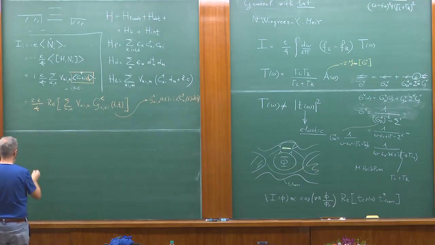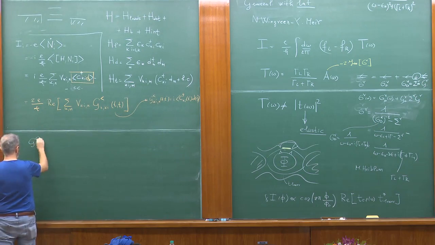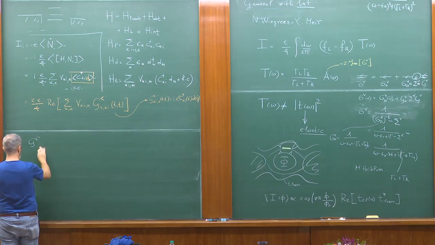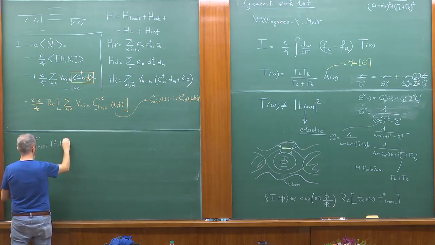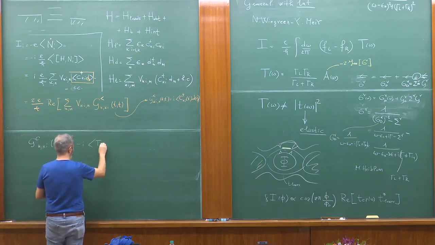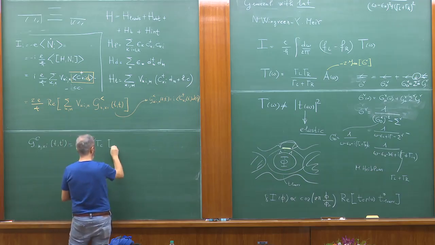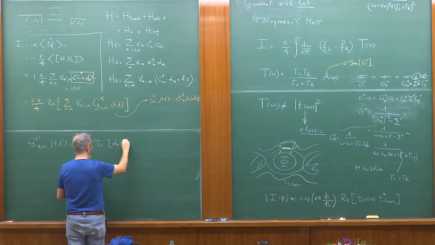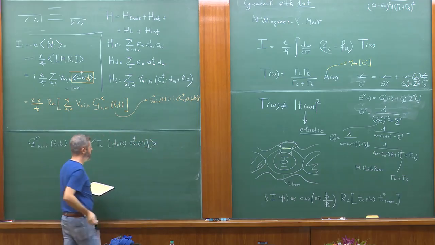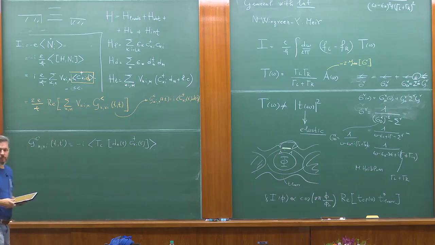I introduce G contour-ordered n ki (t, t'), which is equal to minus i times the contour-ordered average of d n (t) c dagger ki (t'). This is my contour-ordered Green function.